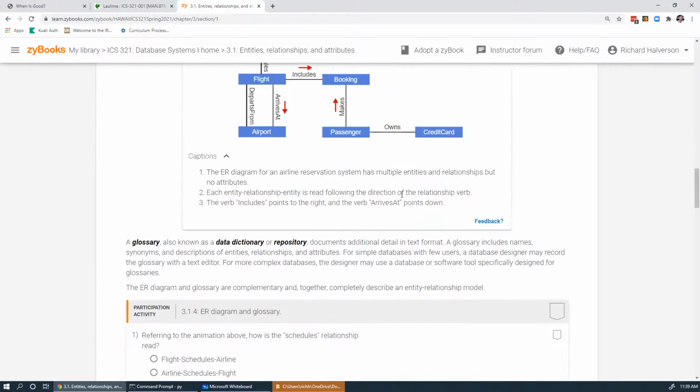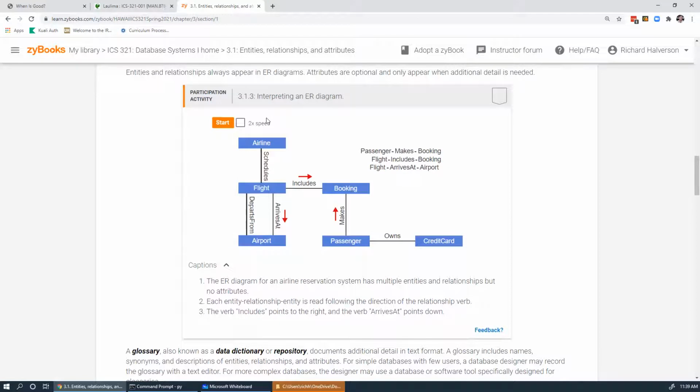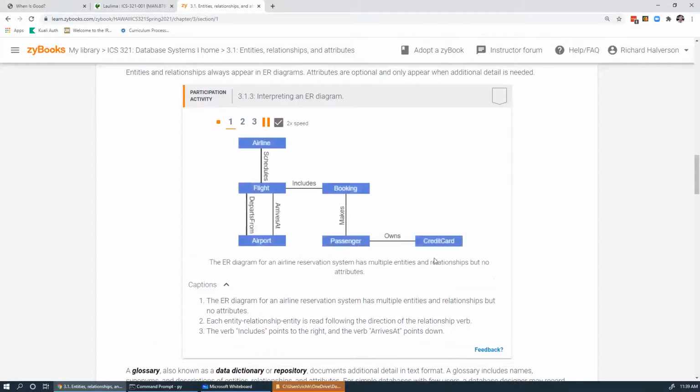Okay, so here, interpreting an ER diagram, let's see what this has to say. The ER diagram for an airline system has multiple entities and relationships, but no attributes. So each entity relationship is read following the direction of a relation verb. So, passenger makes booking.